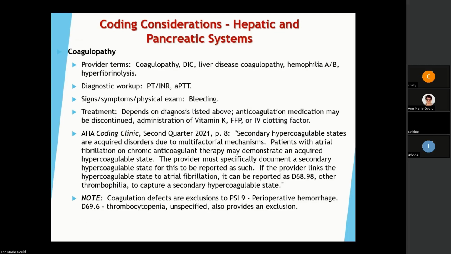So if they're in surgery and start bleeding out, but they're on medications, or they have some type of liver disease coagulopathy, or they're in a hypocoagulable state because of medications they're taking, or they have other clotting factor dyscrasias, that won't be reported under PSI 9, your peri-op hemorrhage.